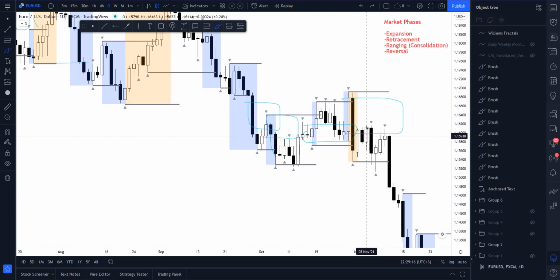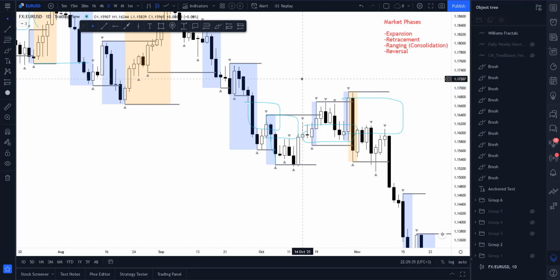After this retracement phase, don't forget that retracement phases are for mitigation and filling the resting liquidities, which are in the form of maybe an old high and old low, or maybe a fair value gap like this one. Like this example.